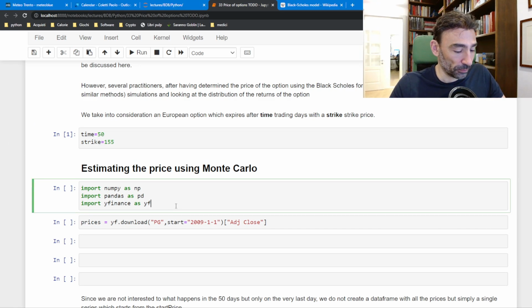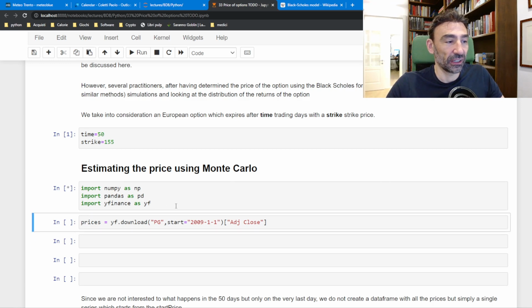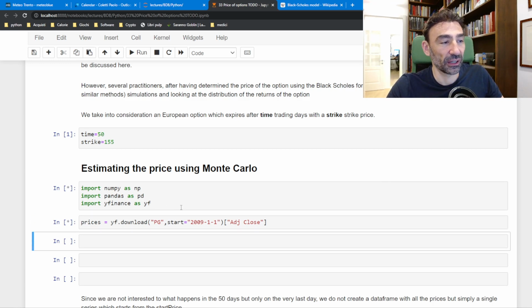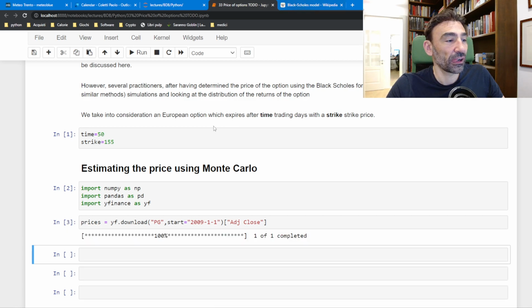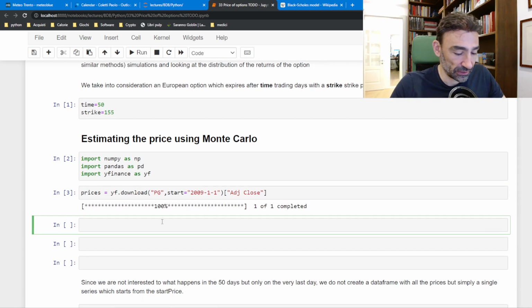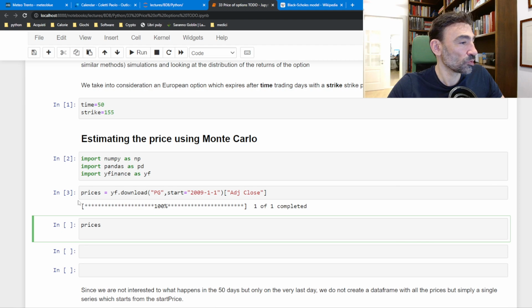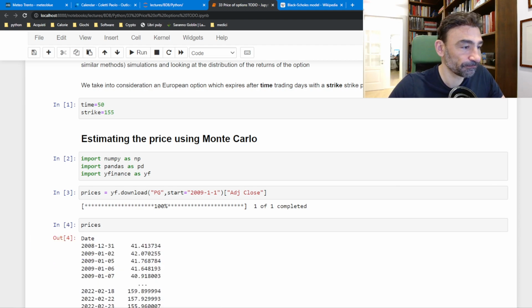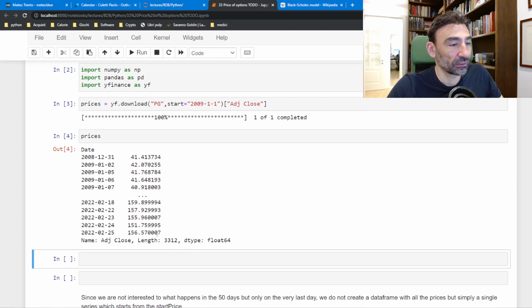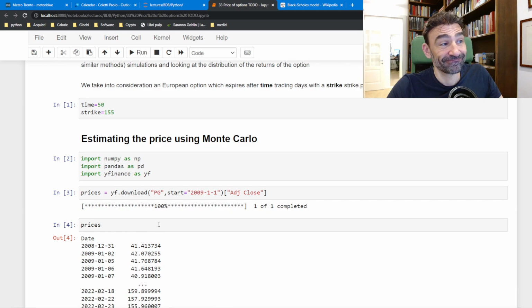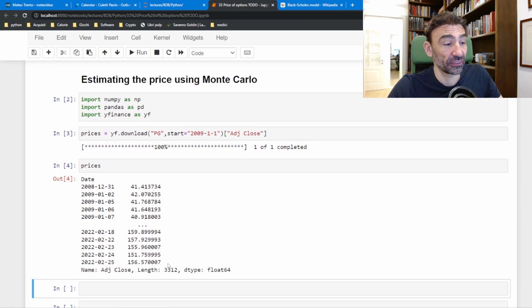Let's start. We import all the usual stuff and take also the prices on Procter & Gamble. Let's take a look at them. The last price is 156, strike 155.